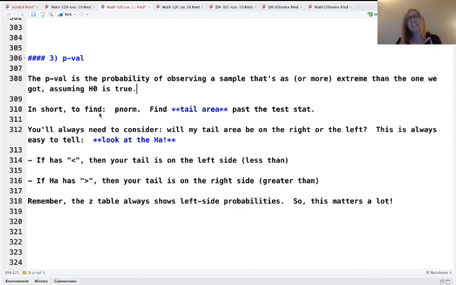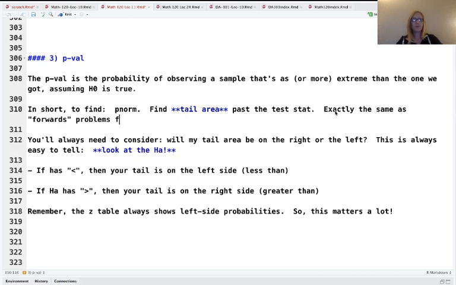Well, we might use the t distribution too for means later. But either way, we're going to be looking for tail area in the test statistic. These are just the same thing. Let me emphasize here, exactly the same as forwards problems for p hat and x bar. This part is just like doing a forwards problem.